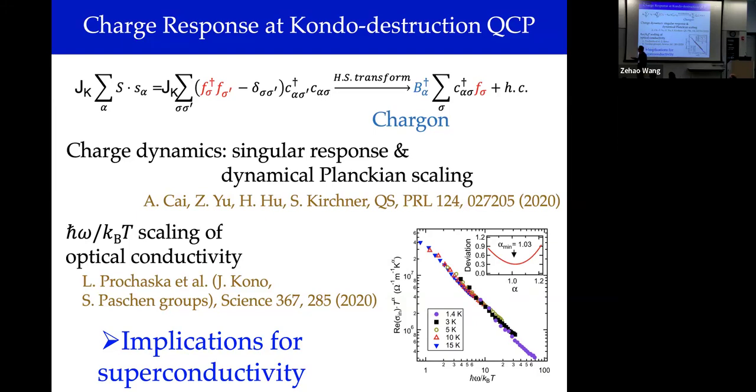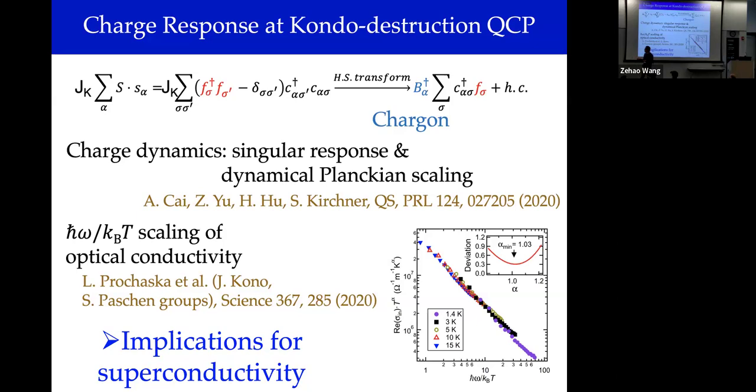And we had some theoretical reasons to think that when the Kondo effect is involved, after all, the Kondo effect historically was first discovered not by magnetic measurements, but by charge transport measurement, that the charge sector is also critical.